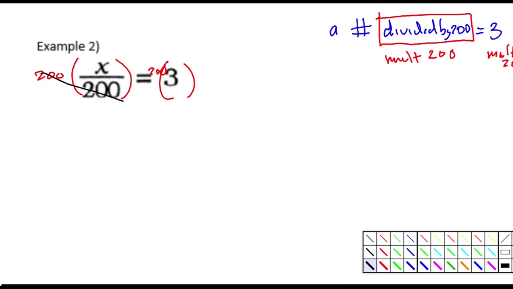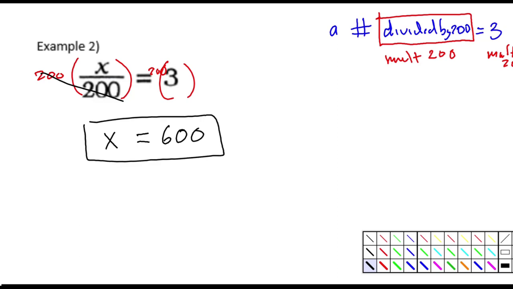Multiplying and dividing by 200 simplifies out, so this will just be x is equal to 600. Does that make sense? A number divided by 200 is 3, or 600 divided by 200 is 3. Yeah, that makes sense. Perfect.